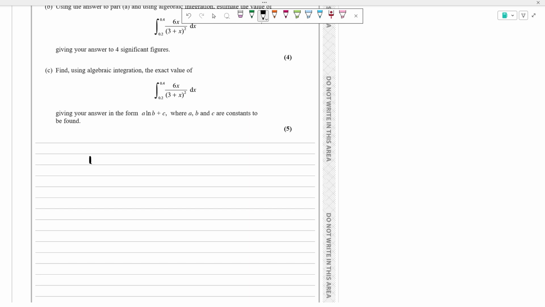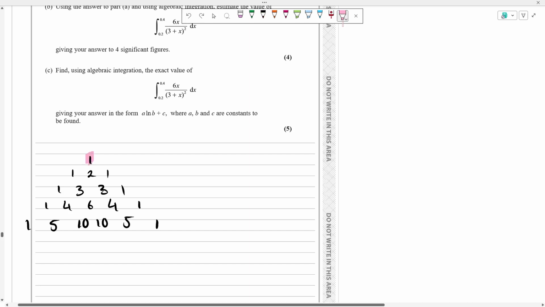Okay, so I'm actually going to start with the Pascal's triangle, just to give you a bit of a reference. So this is the Pascal's triangle, right? And if you want to go ahead and skip, definitely go skip to the next part, or towards the end of the question, just to double check if you got the answer right. But this is your Pascal's triangle. Now, you can see that every single value at the start is 1, like so.